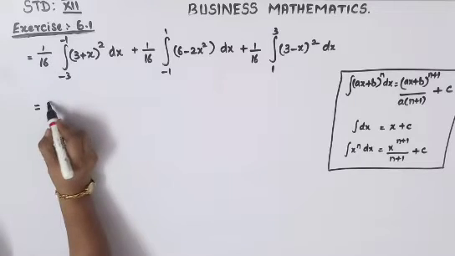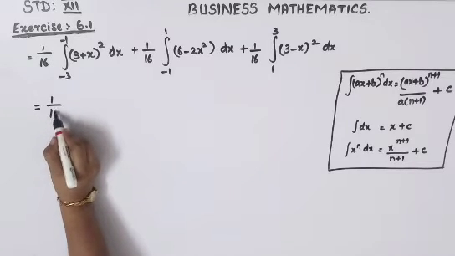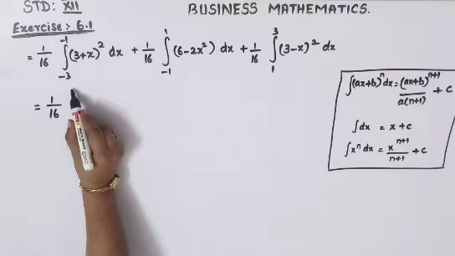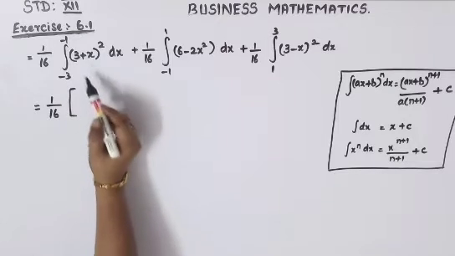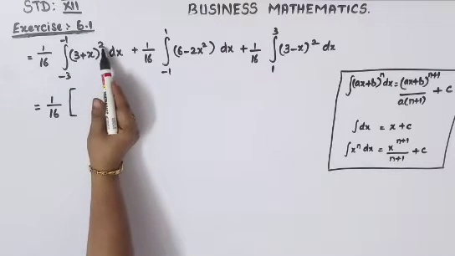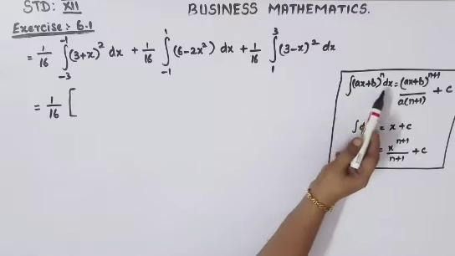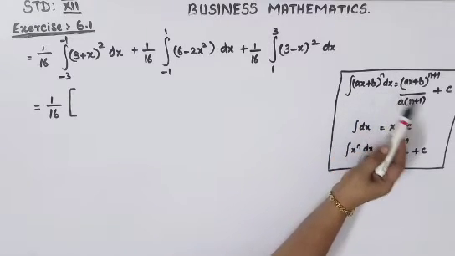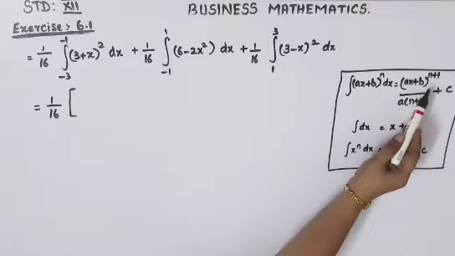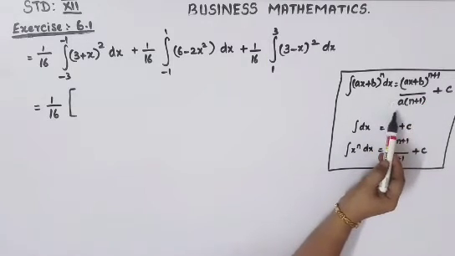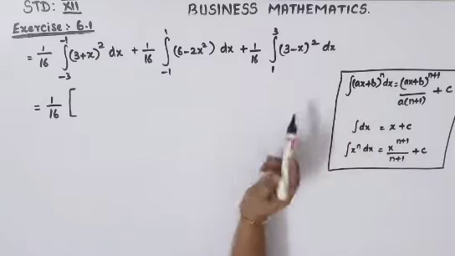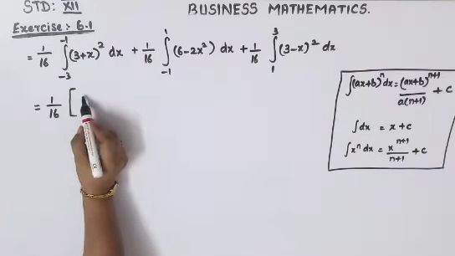So next line we'll have to go to integration. Keep your 1 by 16 as it is. Your integration (3 plus x) the whole square is there. Okay, so we'll just go to this formula: integral of (ax plus b) the whole power n into dx is equal to (ax plus b) the whole power n plus 1 divided by a into (n plus 1), plus c. So this formula we'll just use here.